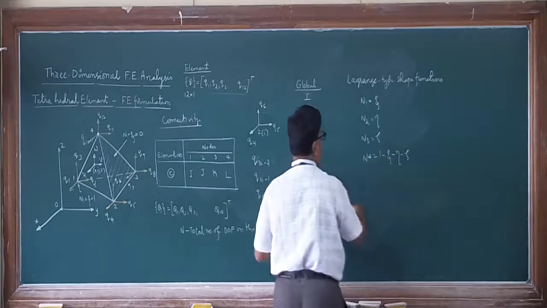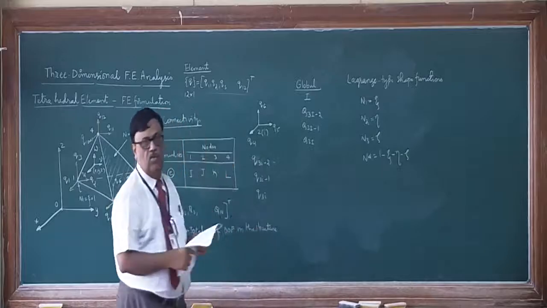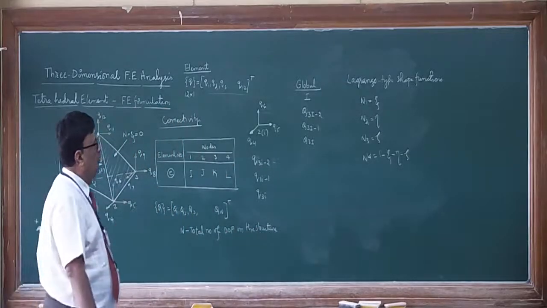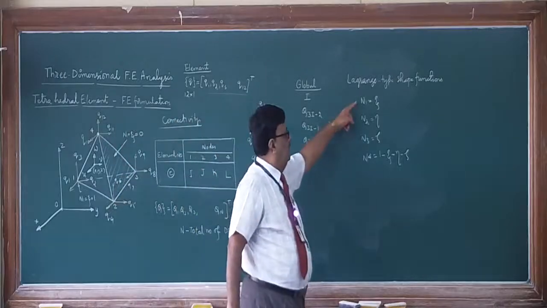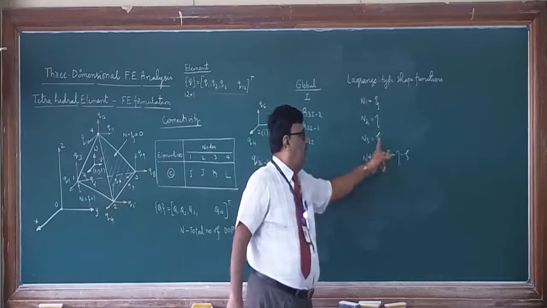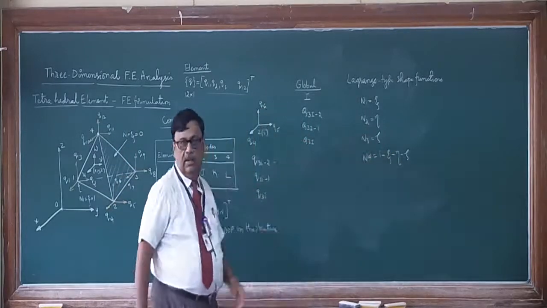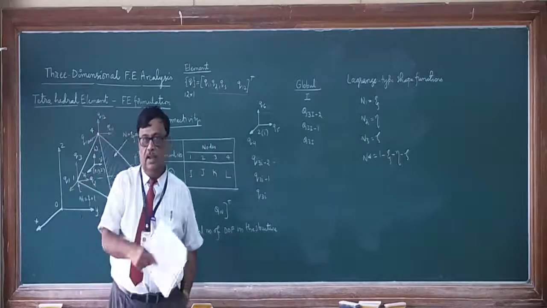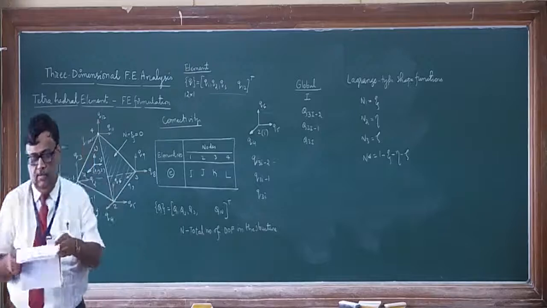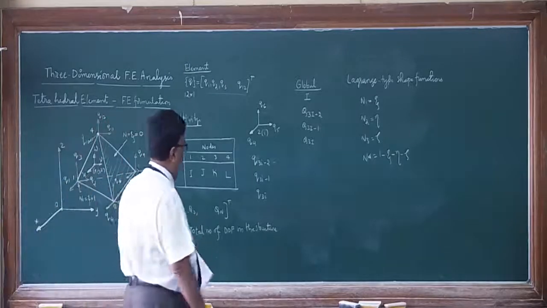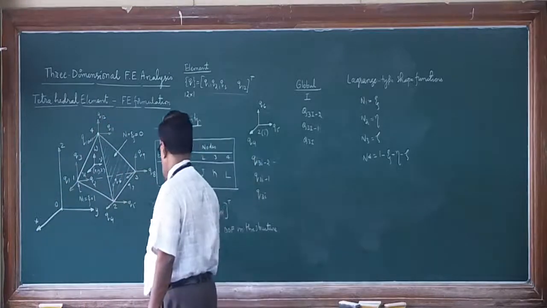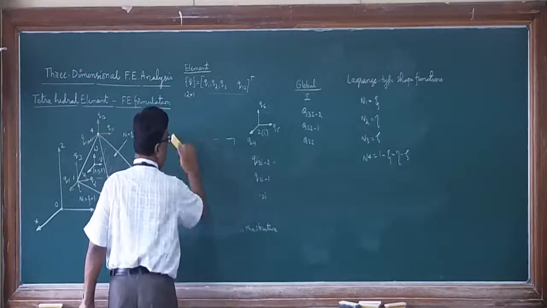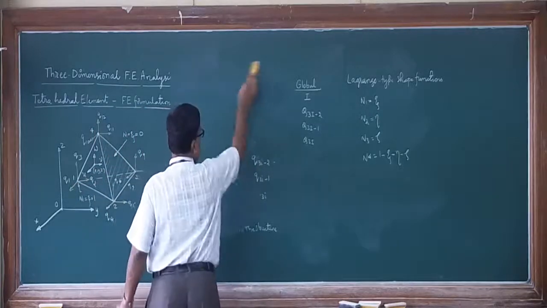So these are the 4 shape functions which are going to be defined for a tetrahedral element. Like in the case of a triangular element, we had seen 2 were there and 2 were not there. But in the 3-dimensional tetrahedral element, 4 shape functions are there because 4 nodes are there. If I take one master element and define the variation of these natural coordinates along it, let us see quickly how it looks.